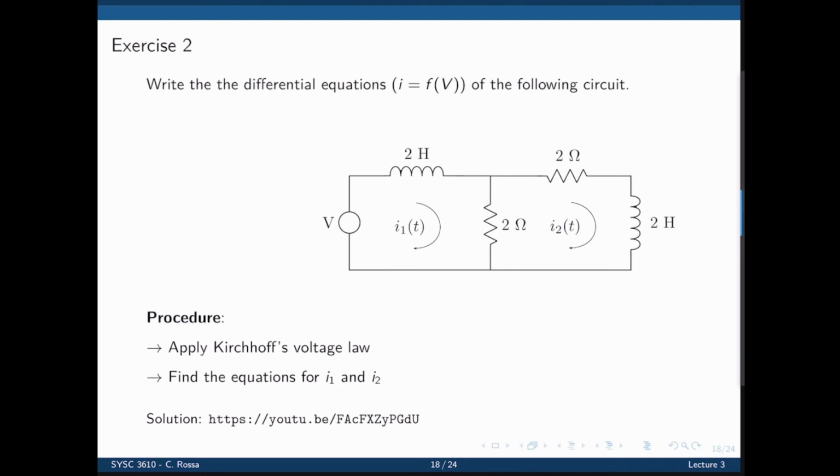We are now replacing derivatives with the Laplace operator S. Integrals will also be functions of S. So all derivatives and integrals will be replaced with some sort of S, the Laplace variable, which makes our job a lot easier. And then once we find the equation between I2 and V, we just take the inverse Laplace, and then we have the response. We're going to see that in the next lecture.